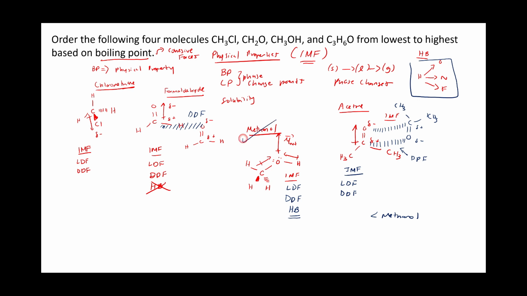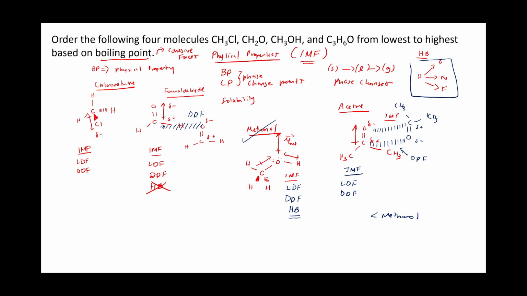So we've considered methanol. Now we have to compare acetone, formaldehyde, and chloromethane. Now this is where it becomes a little complicated because these are all polar molecules. We need to assess how strong the molecules are in terms of their dipole-dipole forces.